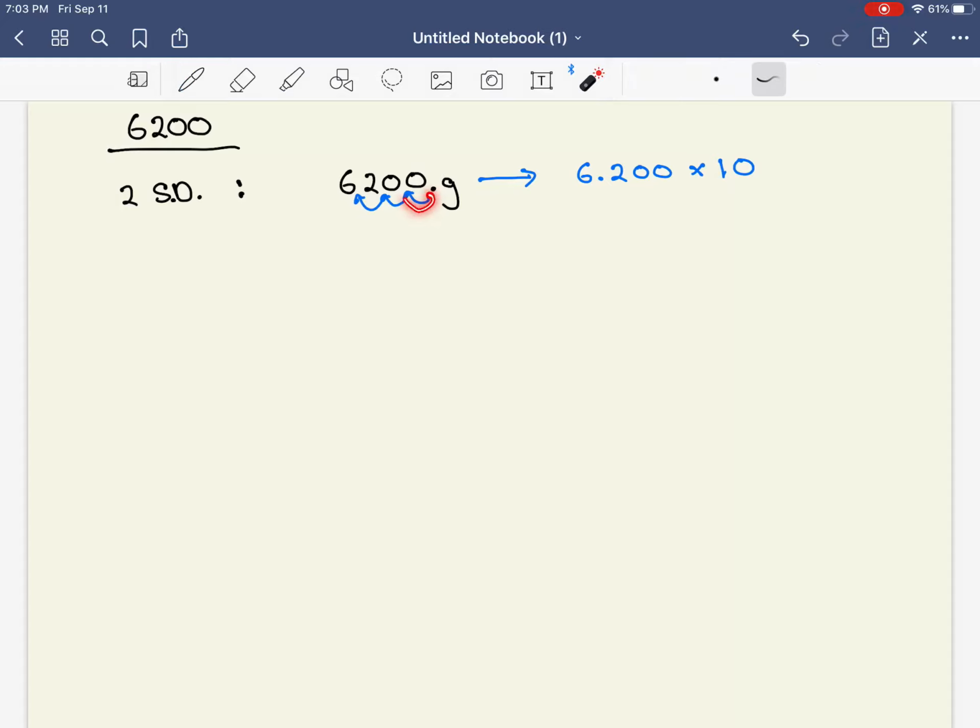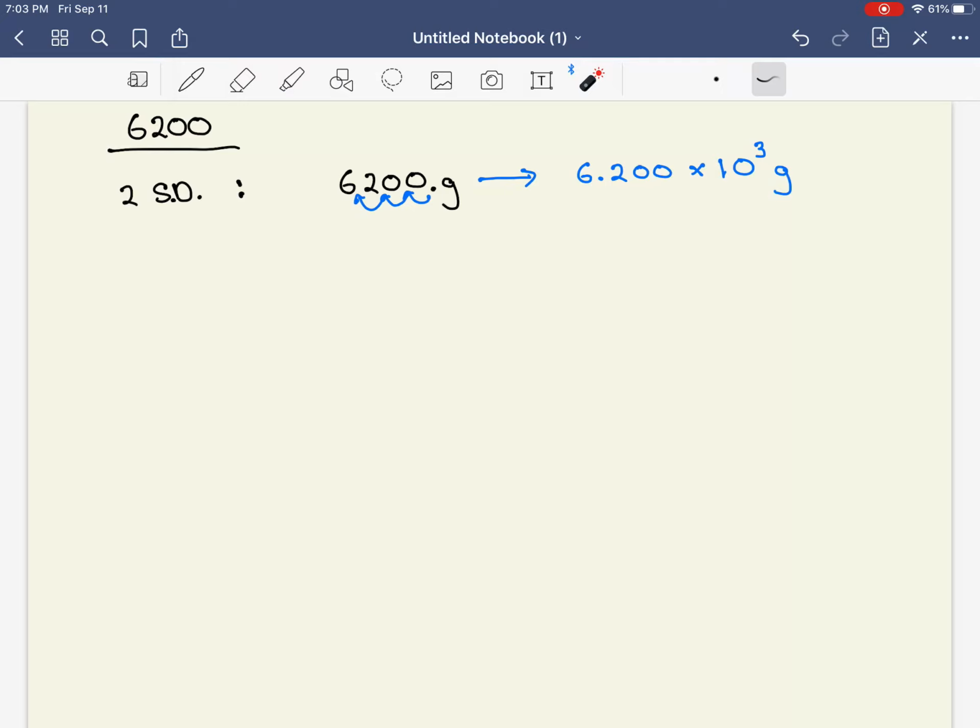It looks like I moved it 1, 2, 3 times, so it would be to the power of 3 grams. You have to imagine that this number is really the same as that number. So that's what I did here.